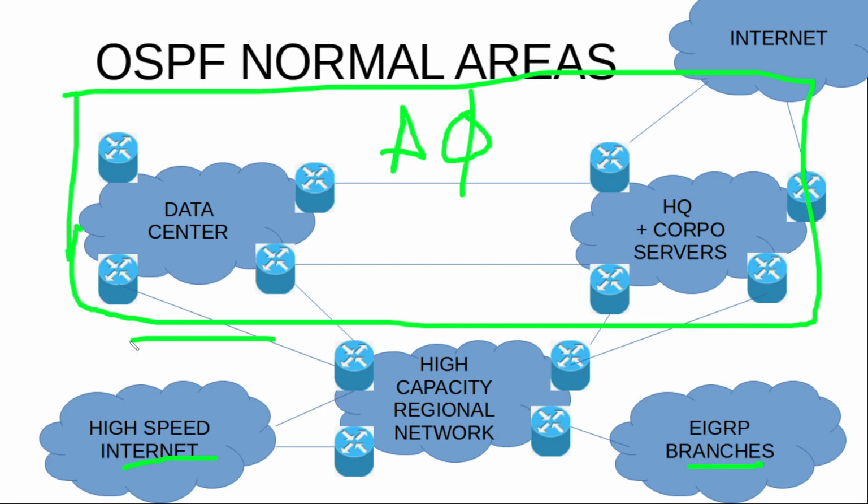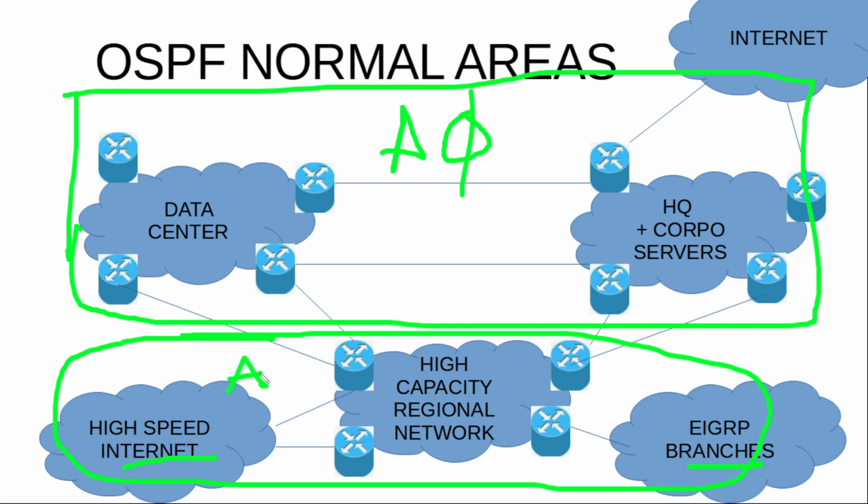So you can set up this as a normal area number 1. So that is one way of doing it. This normal area has high capacity, so there is no reason to see it as a STUB.